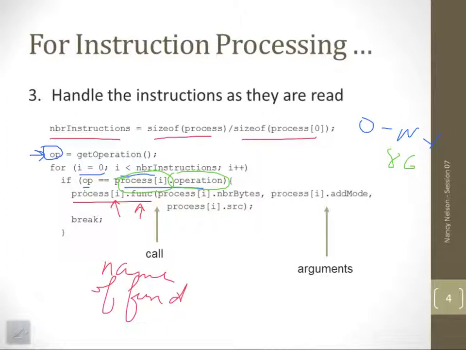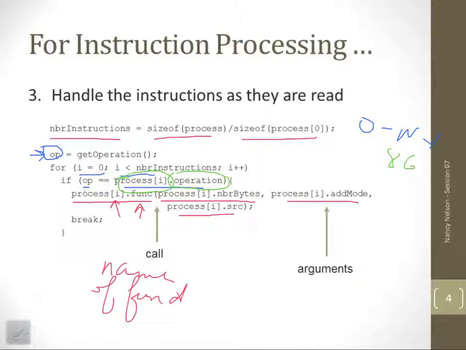And then we're going to pass in each of the fields. So we can see here we have the number of bytes field, the addressing mode field, and the source of the information field. So last time when we were looking at menus, we passed in one string. We can actually pass in as many parameters as we need to for that function.